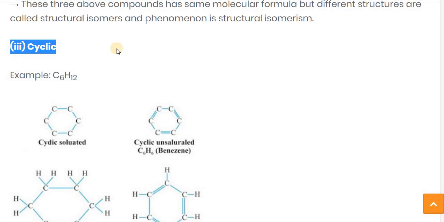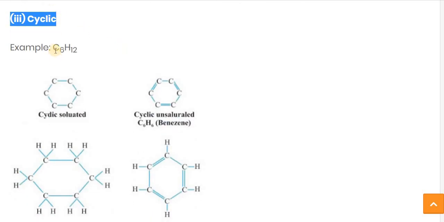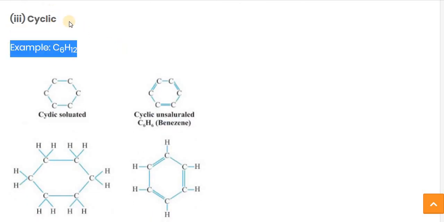Now the third type based on structure is cyclic, and the example of cyclic carbon is C6H12. Here you can see 6 carbons with single bonds between the carbon atoms, so it is called saturated carbon.